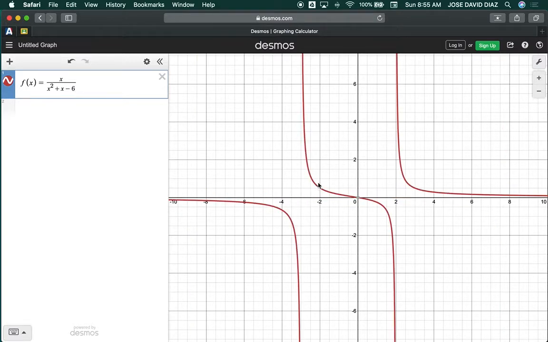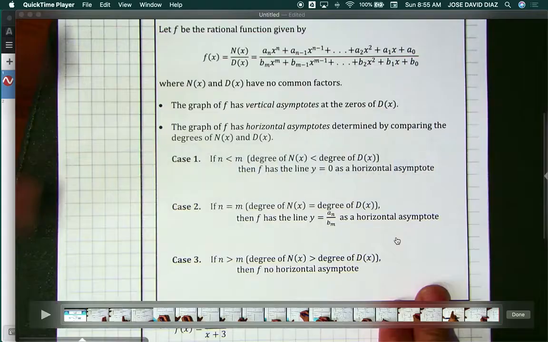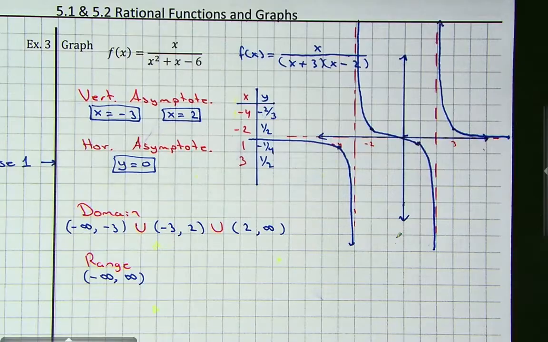And notice that it does cross, and in this case it crosses at (0, 0). And we can actually find the x and y intercepts since it does cross the point. You can see it doesn't show you vertical asymptotes, and that's why we do a dash, or the horizontal asymptotes in here. So this was just a very easy way to graph functions.